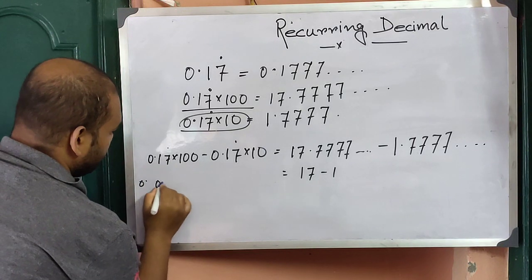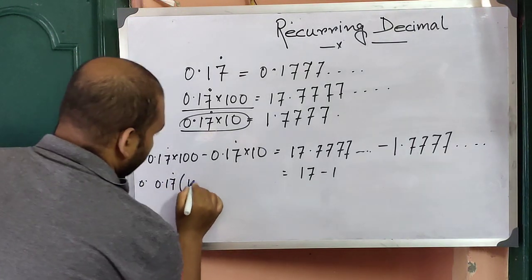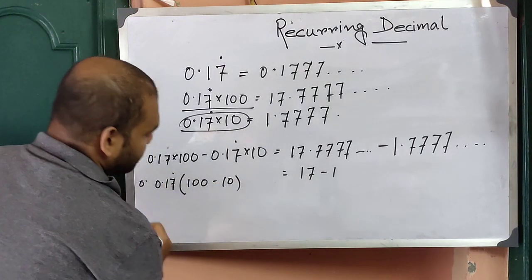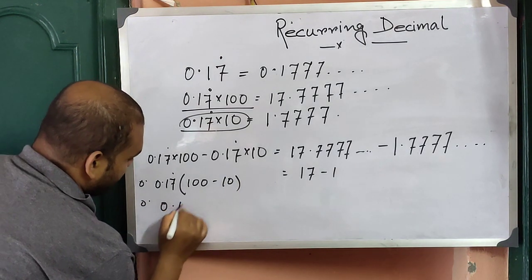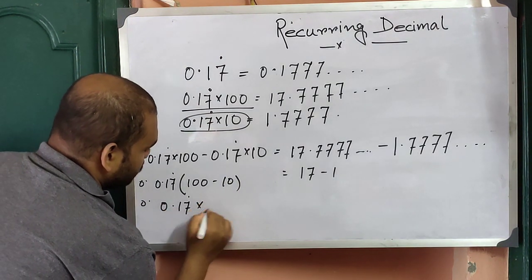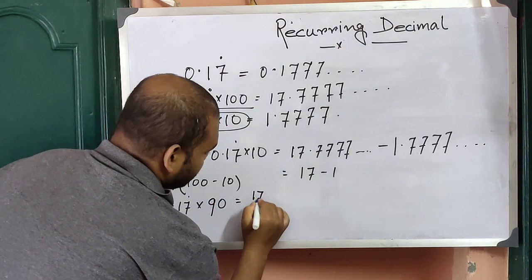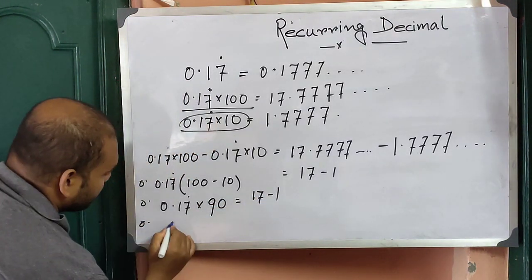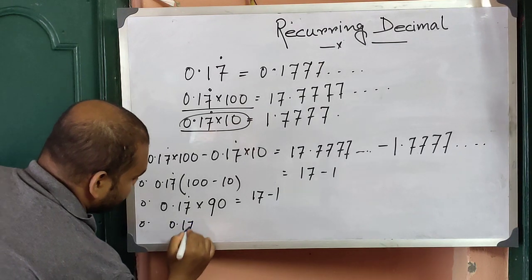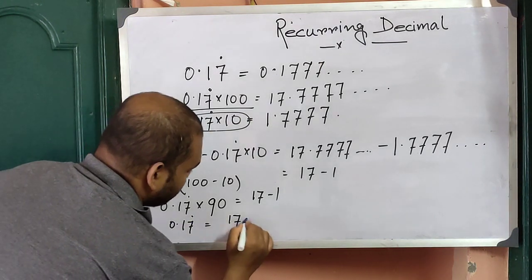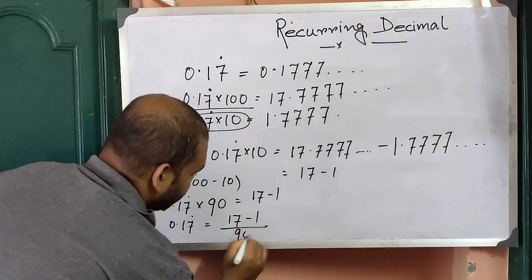So 0.17 recurring into 100 minus 10, or 0.17 recurring into 90, is equal to 17 minus 1, or 0.17 recurring is equal to 17 minus 1 by 90.